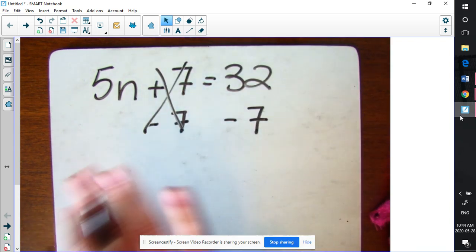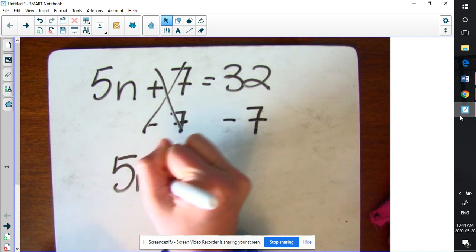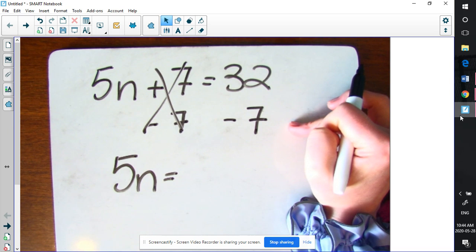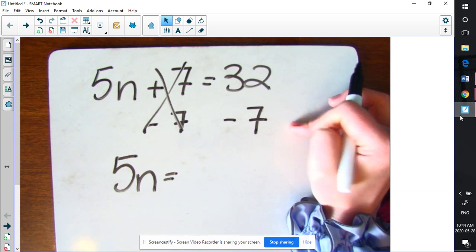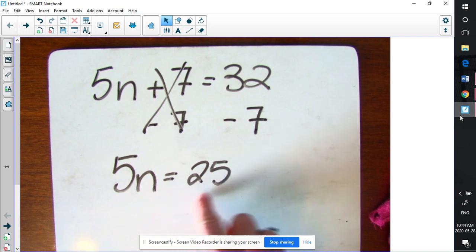Now, these 7's cancel, and I now have 5n equals 32 minus 7. Give you 3 seconds to think about that one. Beep. Okay, the answer is 25. 5n equals 25.